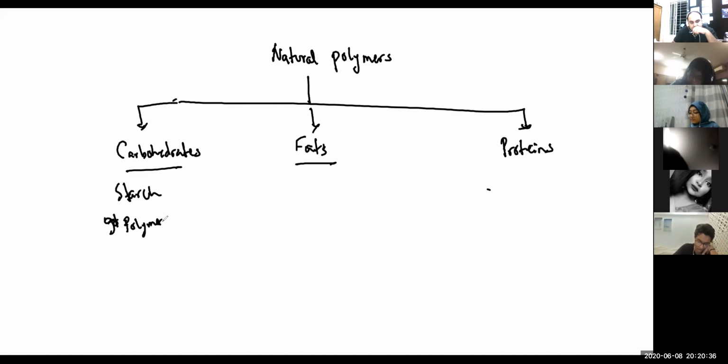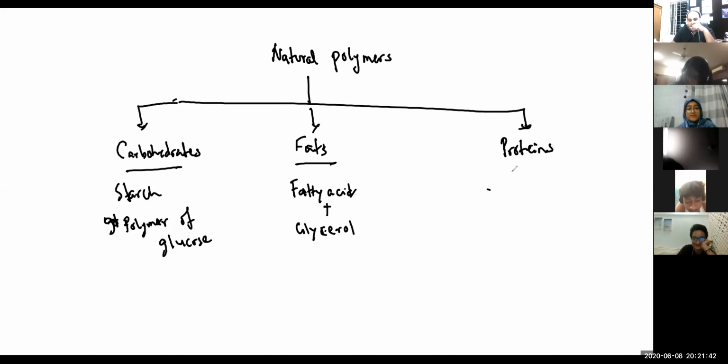Proteins are made up of amino acids. Polymer of amino acids.